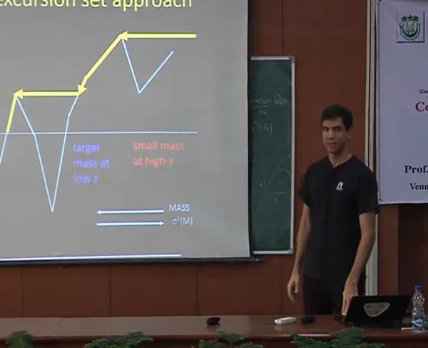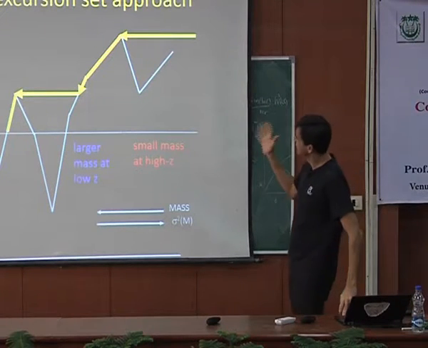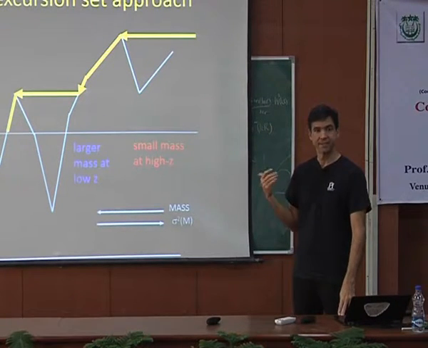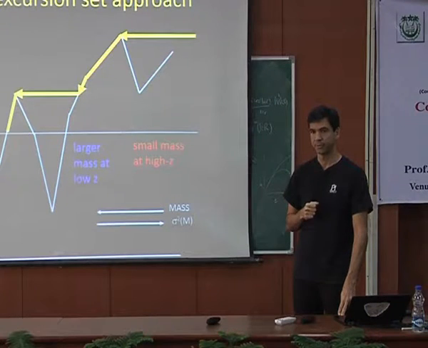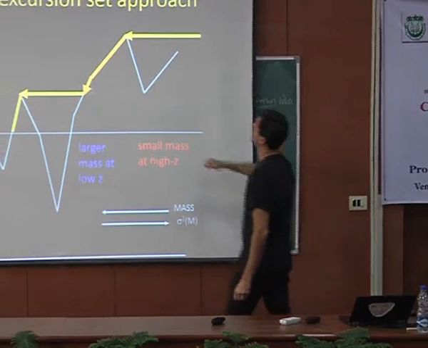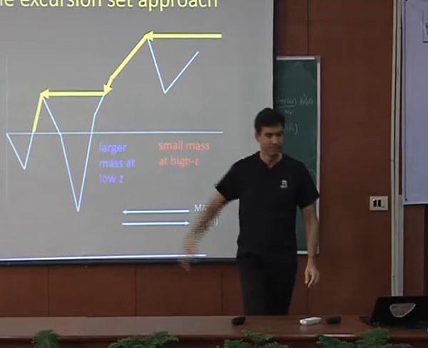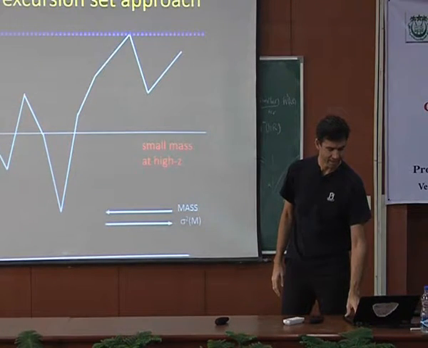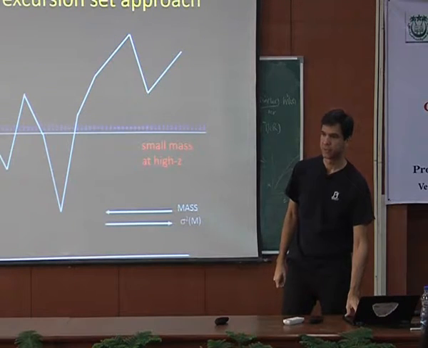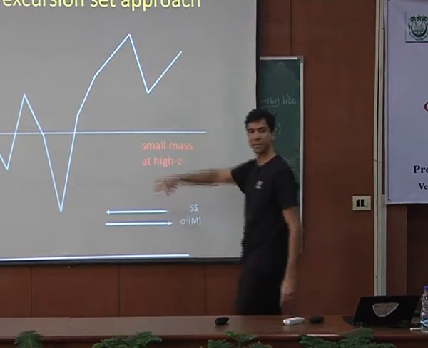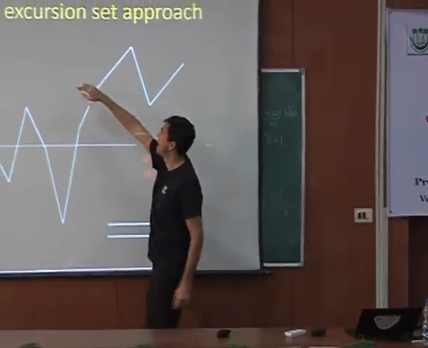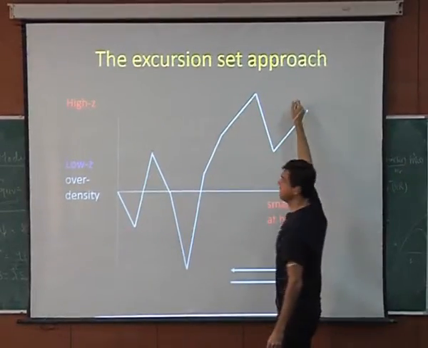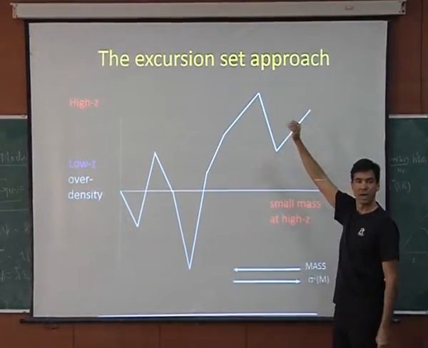Before we do that calculation, I want you to see a little bit the framework of why this is such a nice approach. Okay, so I have this barrier that is dropping. This barrier that is decreasing with time is supposed to say, when the barrier is high, that's telling me something collapsed at high redshift.